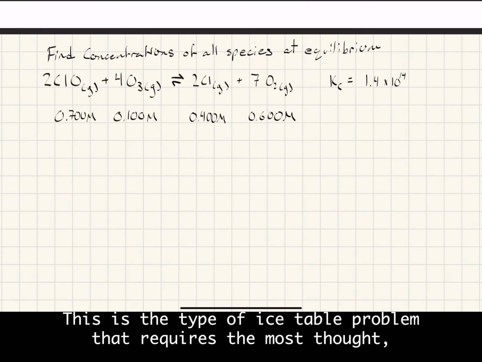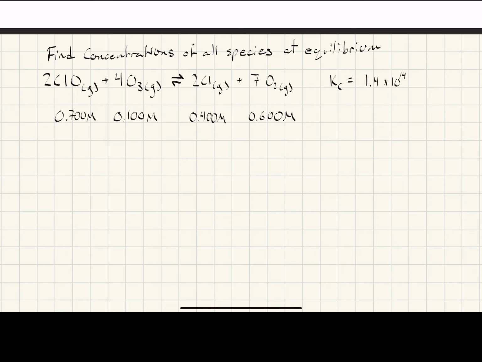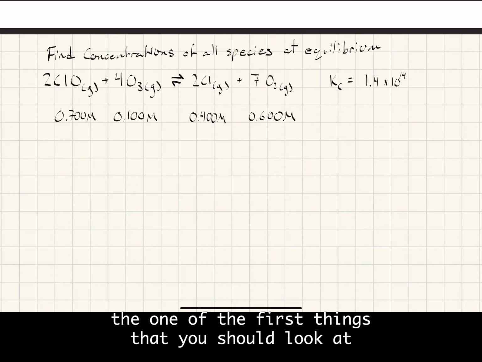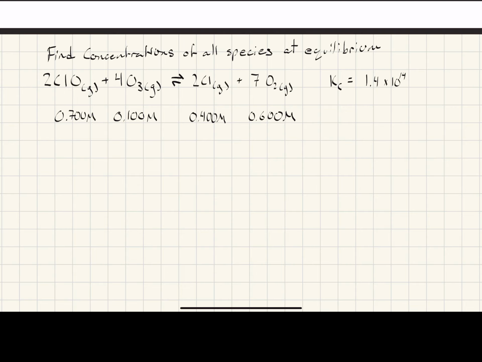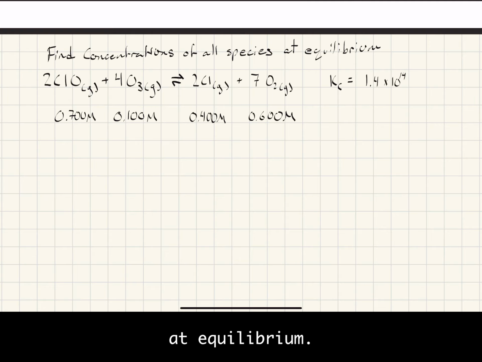This is the type of ice table problem that requires the most thought and then application of understanding to actually solve. So what's maybe one of the first things that you should look at on any problem that says find the concentrations at equilibrium?